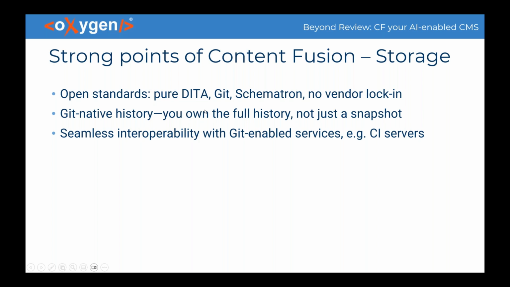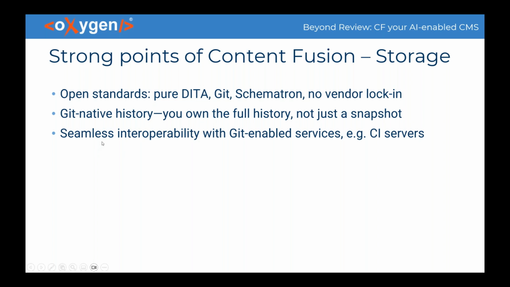Also, besides having access to the entire content as DITA, you also have the full version history stored in the Git repository, not just a snapshot of the content that you export at some point and move to another tool, and then you lose all the tracking of changes that you had.